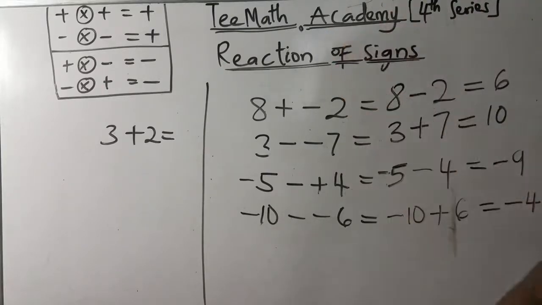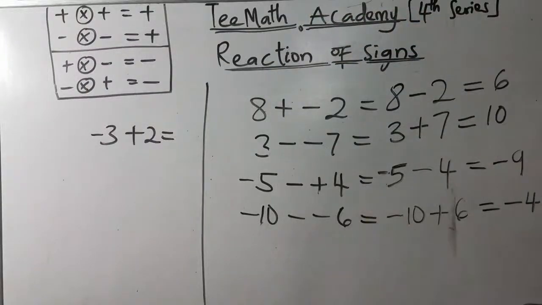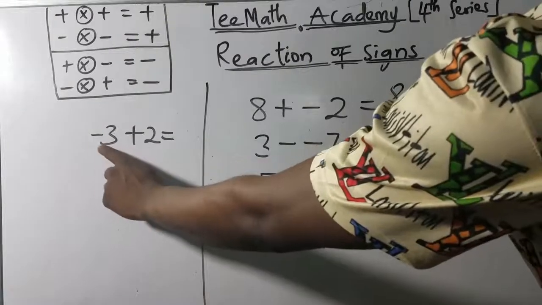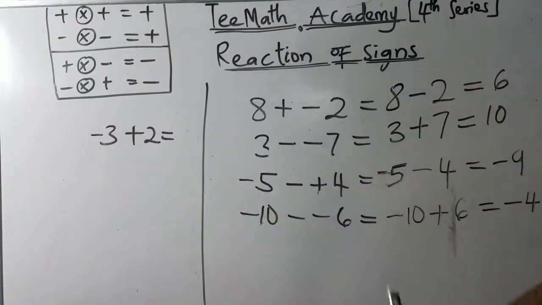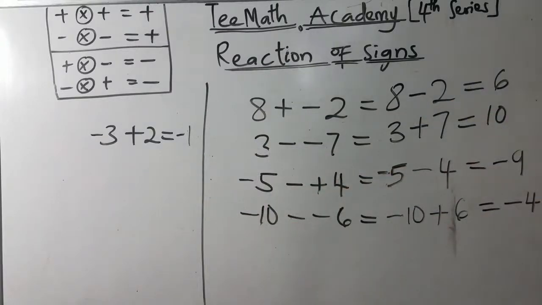That sign is not only plus. At times, it could be negative, that is minus. So that's why this one is minus. It can be plus or minus. So when this is minus 3 plus 2, you are owing 3, you have 2. When you pay it, you are still owing 1. So that's why the answer is minus 1 and not minus times plus, please.